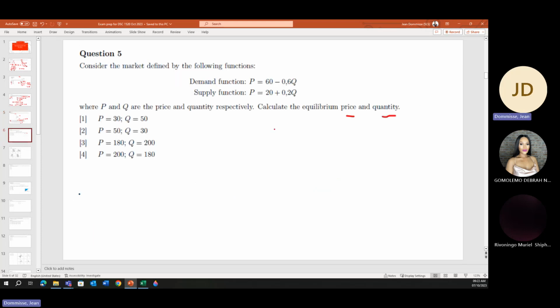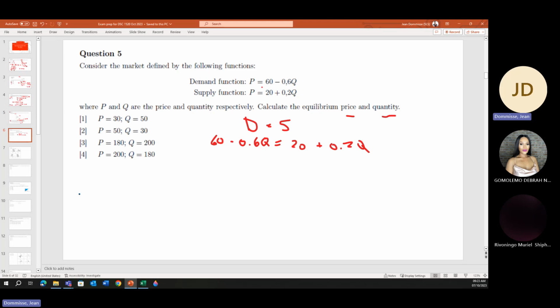So we can say that point is where the demand and supply is equal. So we know our demand function is P equals 60 minus 0.6Q, and our supply function is 20 plus 0.2Q.